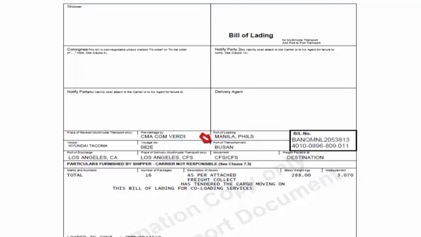This tells us something very important. That this cargo started out in the Philippines on a CMA ship, but was transloaded in the Korean port of Busan and put on the Hyundai Tacoma. Hyundai being a South Korean carrier. That makes sense.